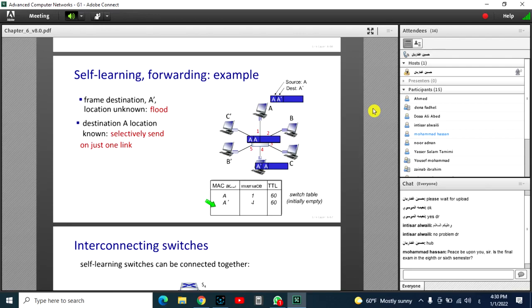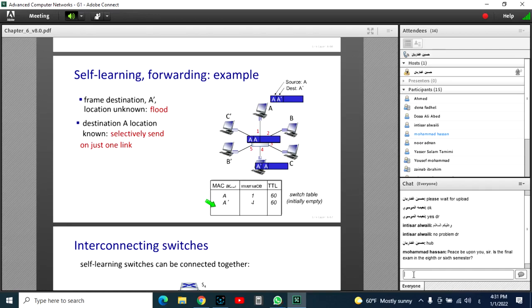When I'm talking about a hub, using a hub has one collision domain over all of its ports, over all of its interfaces. It means that if you send information over one of the hub's ports, the hub cannot send or receive information over the rest of the ports. All of those ports are placed in a single collision domain.